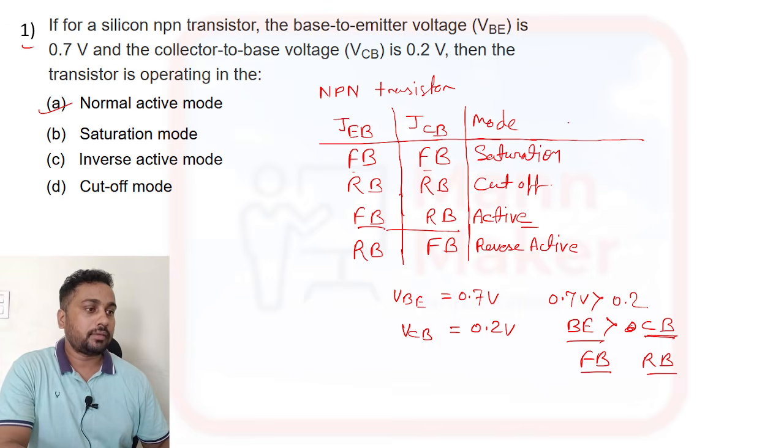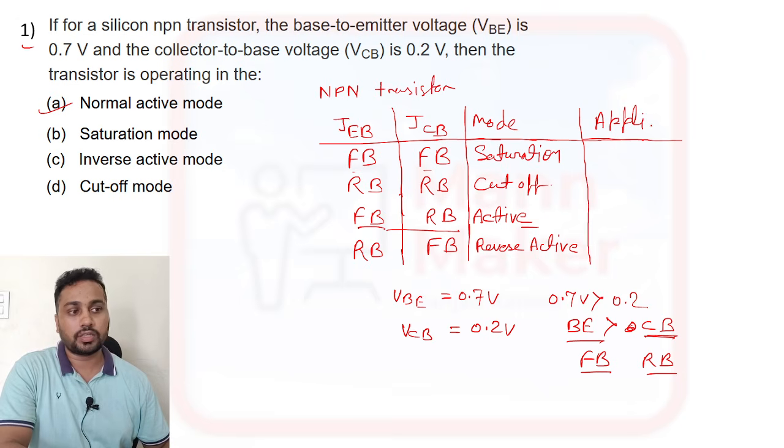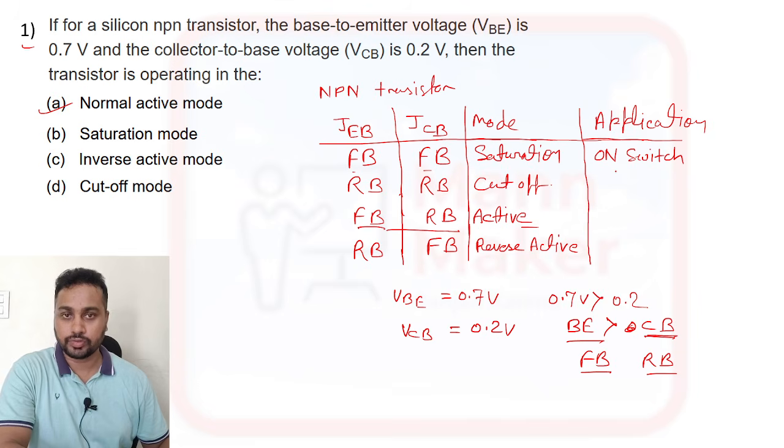Sometimes in the exam they will ask about applications too, like if a transistor is working in saturation mode, which application does it have. So you have to remember the applications also. When a transistor is operating in saturation mode, it works as an on switch.